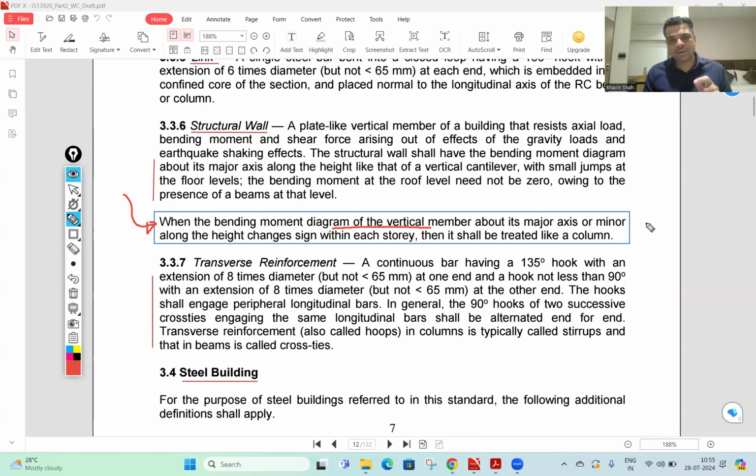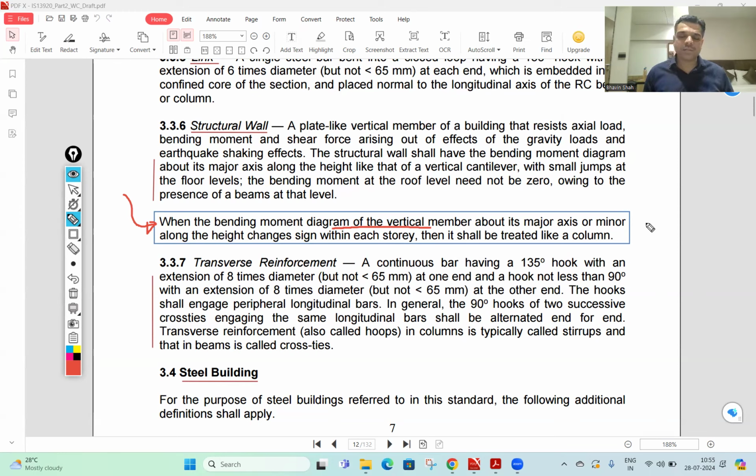So earlier, in the published standard, we had the demarcation between a column and a structural wall, or a shear wall, with reference to aspect ratio or plan dimension of the element, which is 4 times. Or we can say if depth is greater than 4 times the width of the section, then we consider it a shear wall, right?